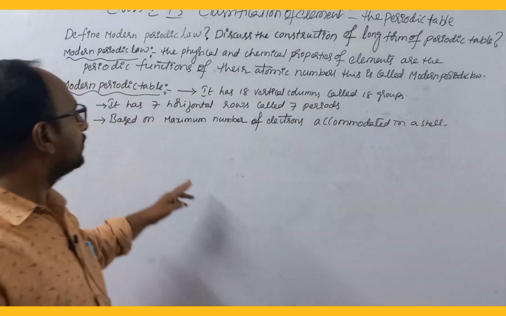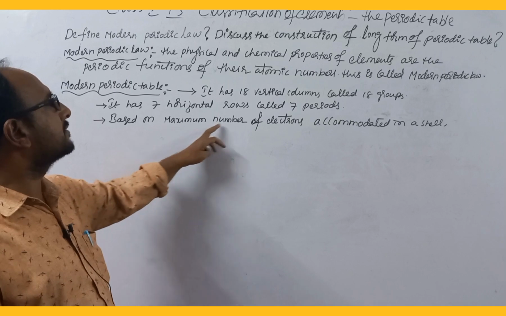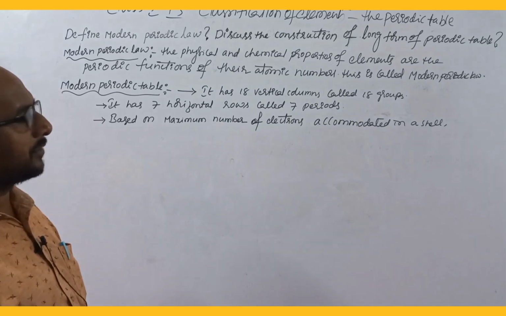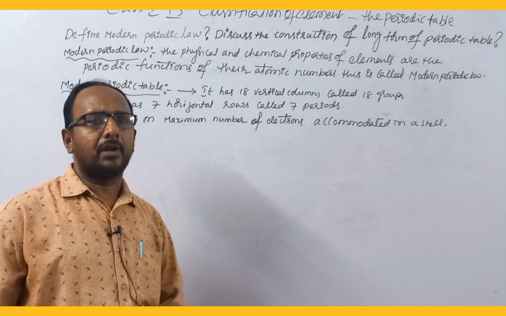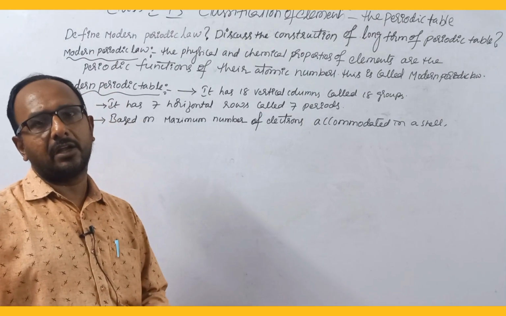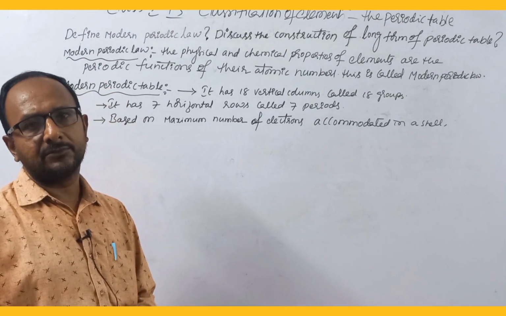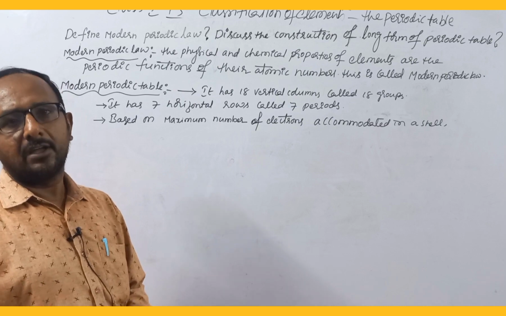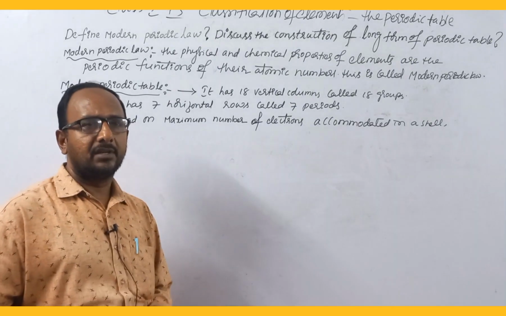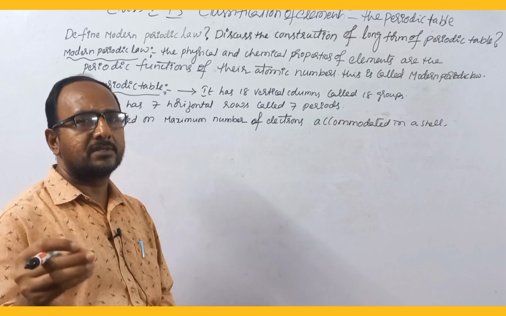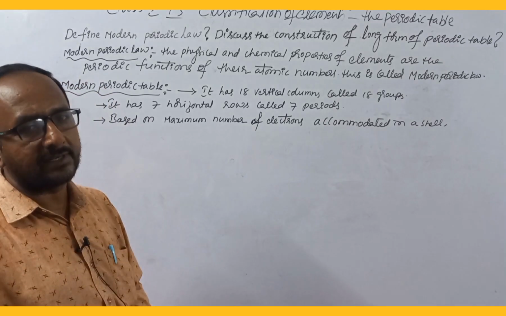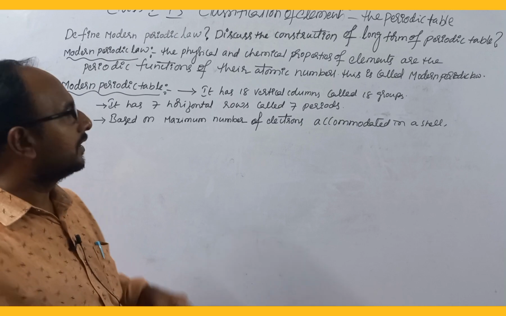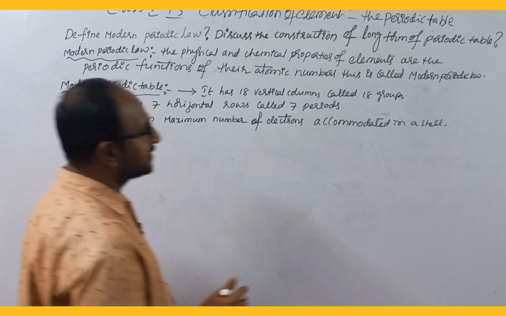Students, you can see here, based on the maximum number of electrons accommodated in a shell. You may have learned, according to Bohr's model of atom, every shell, every orbit can store some maximum number of electrons, which is equal to 2n square.